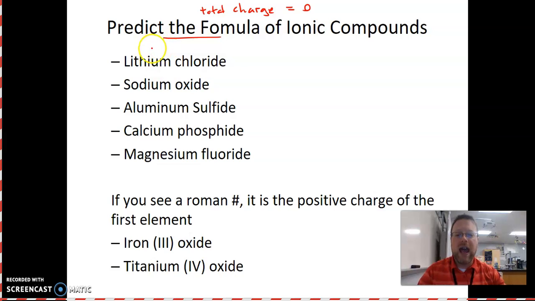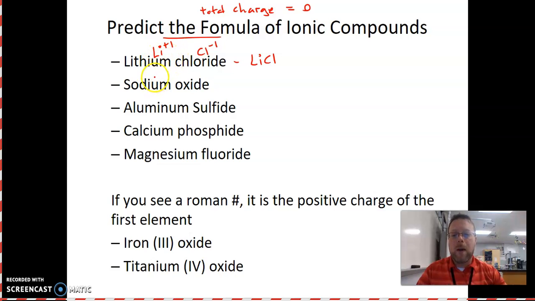And so if you start looking at combining elements that are positive and negative together, probably the simplest case would be one where the first element has just a +1 charge and the next element has a -1 charge. And if you combine those together, only one of each would be needed. And so the formula for lithium chloride would only have one lithium and one chlorine in it in a 1-to-1 ratio. The formula then would just be LiCl.